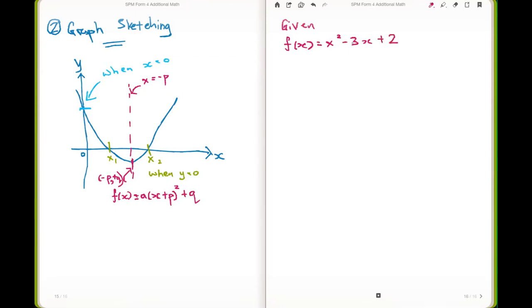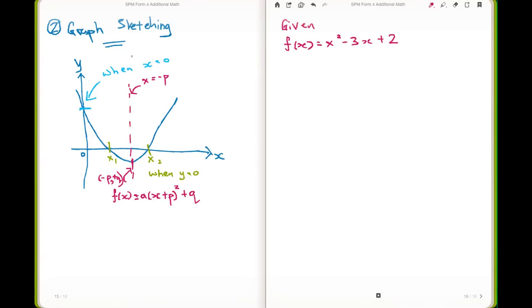If you were given a function and you were asked to sketch this graph without any other information, you know that the roots are 1 and 2 because I worked it out previously, but just in case, assume that you don't know that information. Assume you are just watching this now. So how do you sketch this?